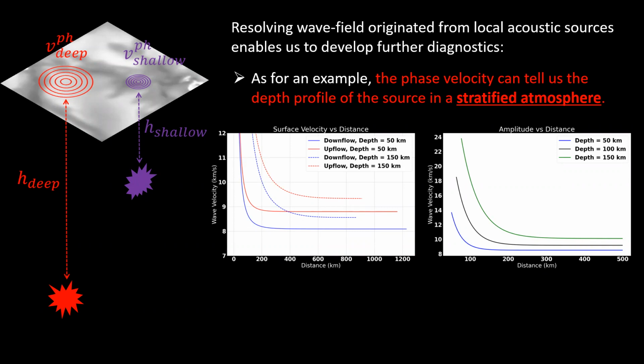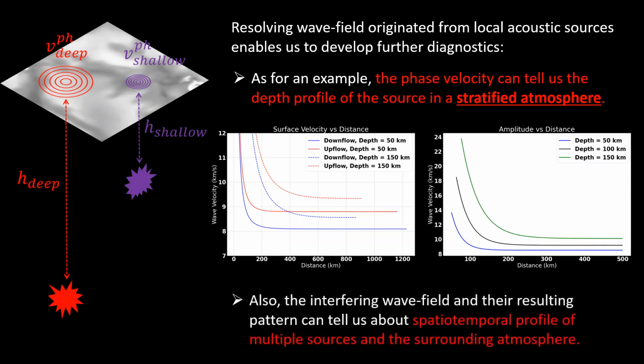Now, if it goes through a downflow, then again it will have a different velocity. And the amplitude will also change differently based on how deep it is and what kind of atmosphere it is going through. So the important takeaway is this: when these wavefronts are coming out, they have gone through all of this atmosphere, and they are coming from a definite depth.